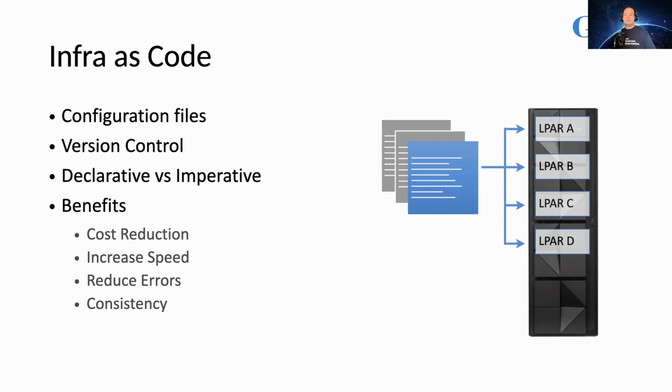There are some differences in the way we do infrastructure as code. There is a declarative way, where you specify the desired state. You say, okay, this specific parameter needs to be like this. This is what is expected. And the tool that you are using will check if it's in the right state.